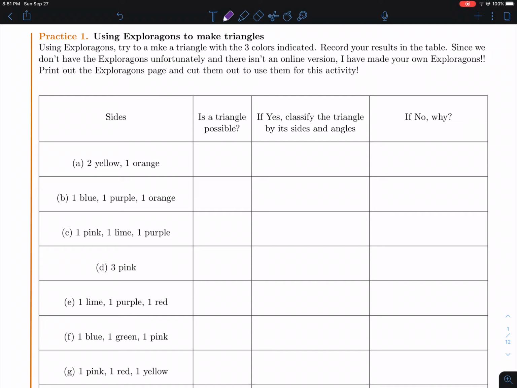The goal first is to discover what's called the triangle inequality, which will allow us to determine the relationship between the three sides of the triangle to guarantee that we get a triangle. You can either cut these out and move them around to see if you can make a triangle out of them, or measure them and do it that way.